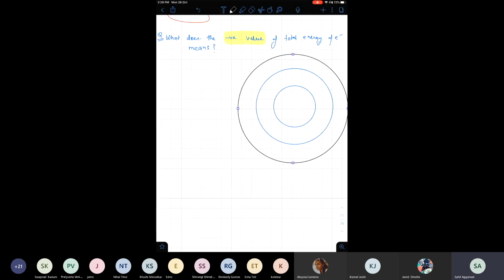See, if this is your n equal to 1, this is your n equal to 2, this is your n equal to 3, here energy is minus 13.6 electron volt, here it is minus 3.4 electron volt, here it is minus 1.51 electron volt, and here you have the nucleus.